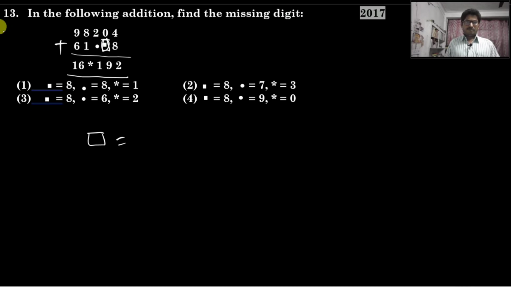Once again children, addition: 4 plus 8 is 12, 1 carry. 1 plus 8 is 9, so in place of the circle 9.